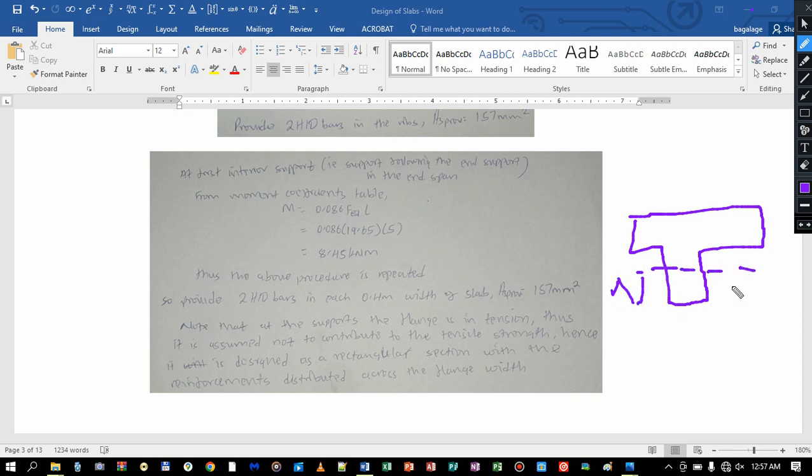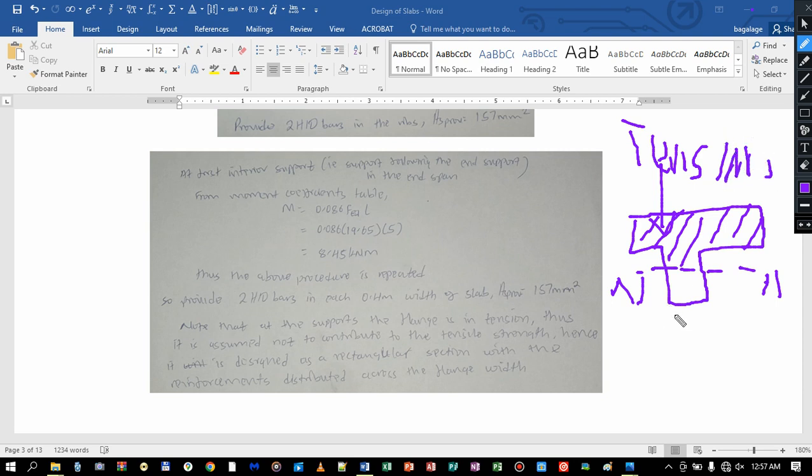This is our neutral axis. This part will be in tension, and then this will be in compression at the supports.